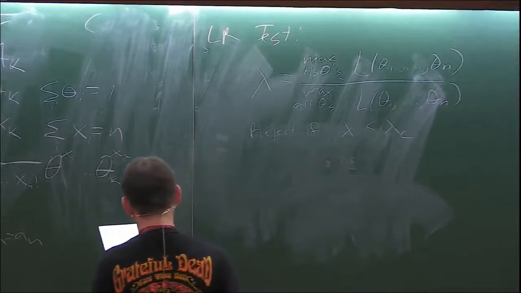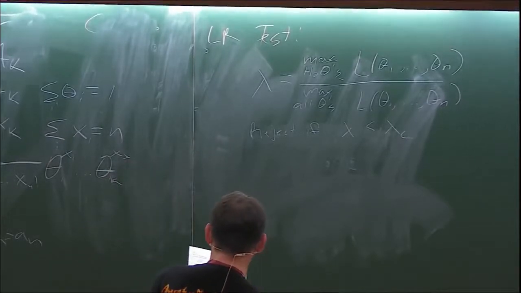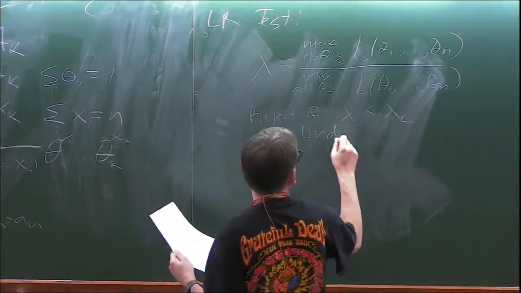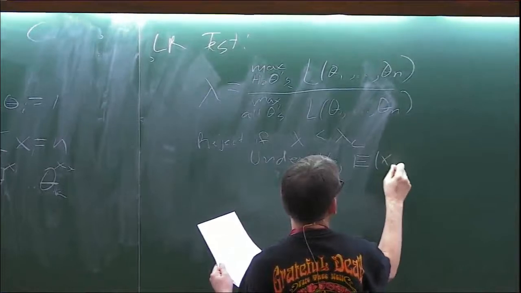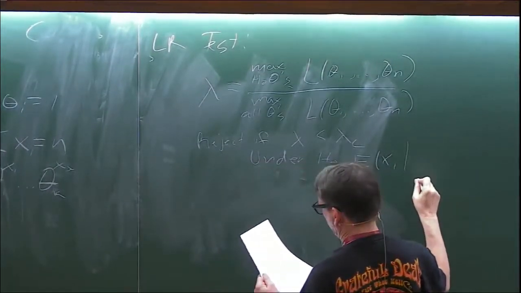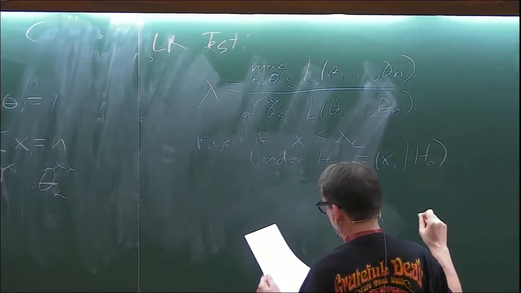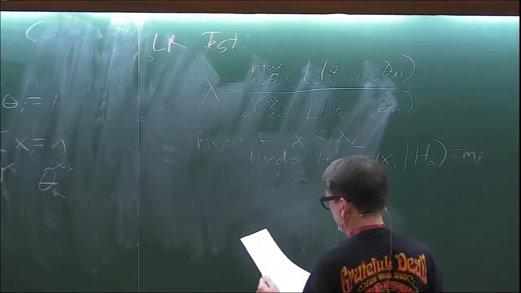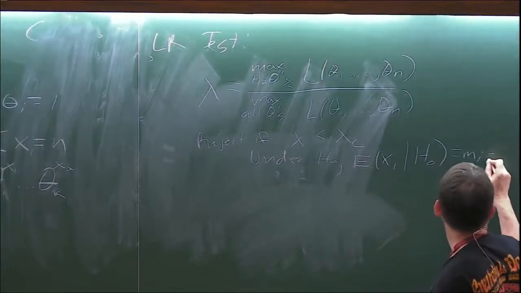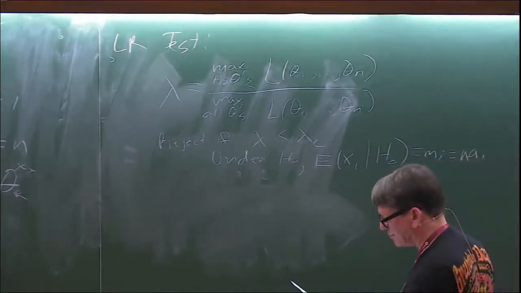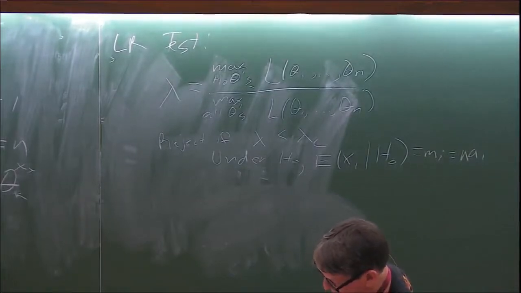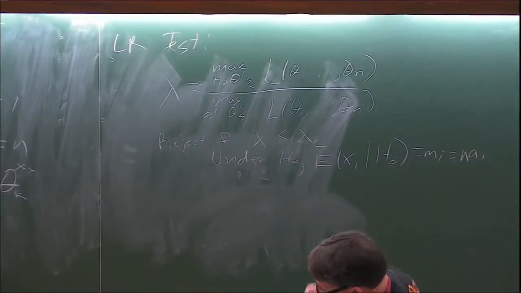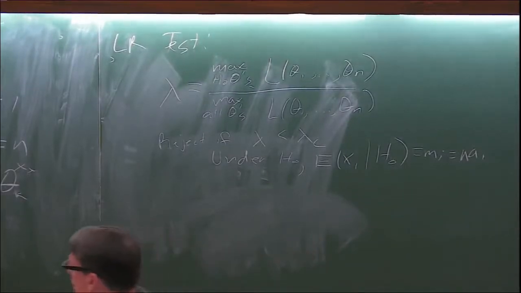And now suppose that under H0 the expectation of x sub i under H0 is equal to m sub i, and furthermore, that's going to be n times a sub i, where a sub i is the MLE estimator.